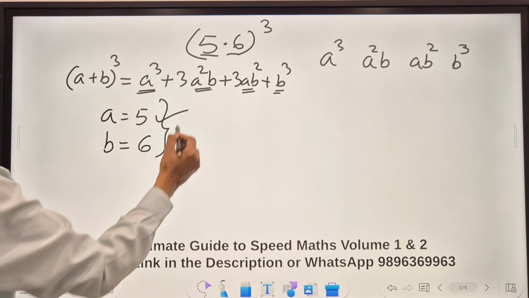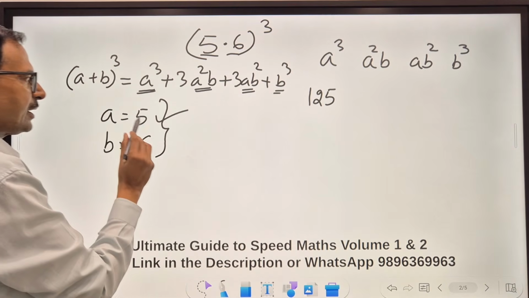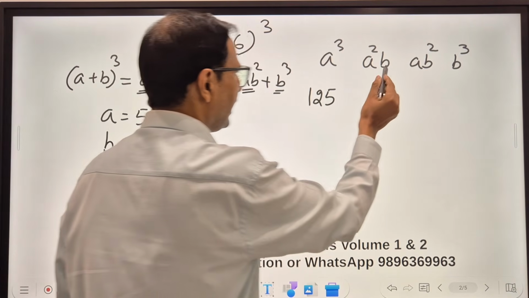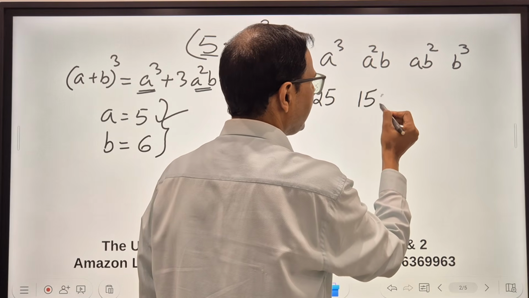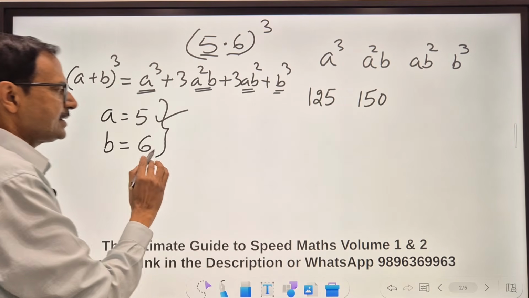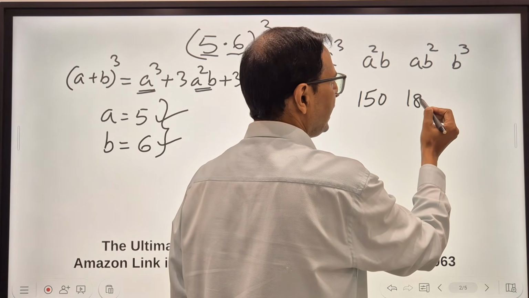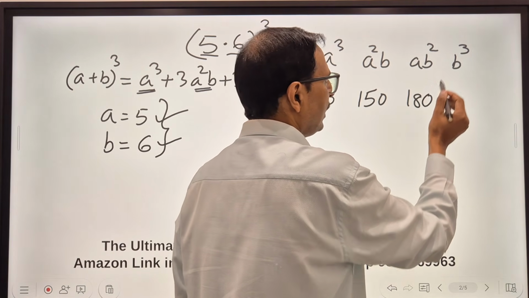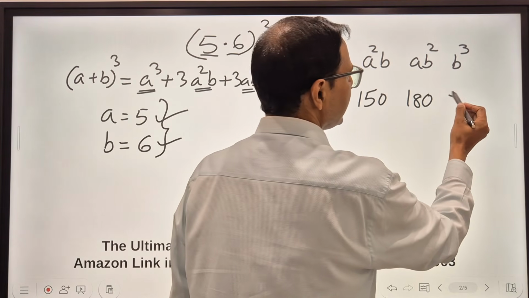Now a is 5, so 5 cube is 125. a square, 5 square is 25, and b is 6, so 25 times 6 is 150. And then we have a, which is 5, and 6 square, that is 36, and 36 times 5 is 180. Now b cube, b is 6, so we have 6 cube, which is 216.